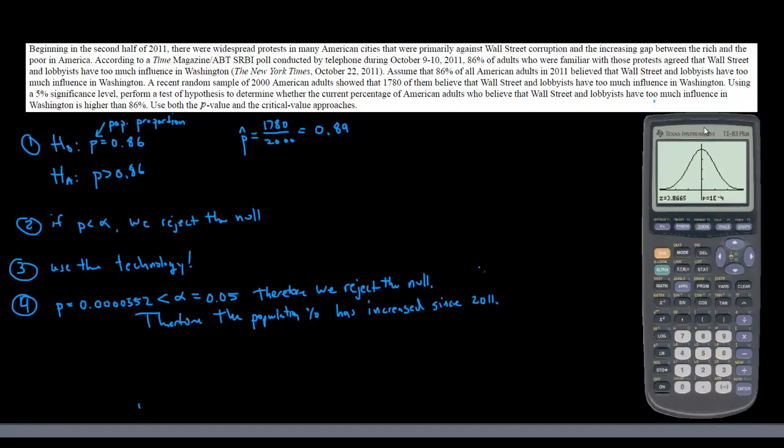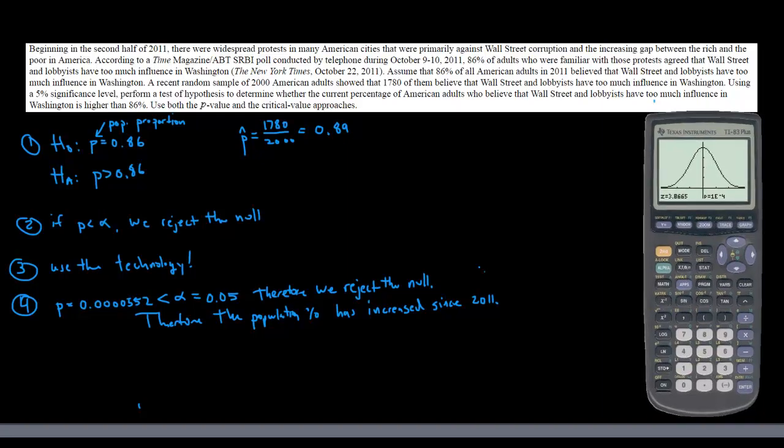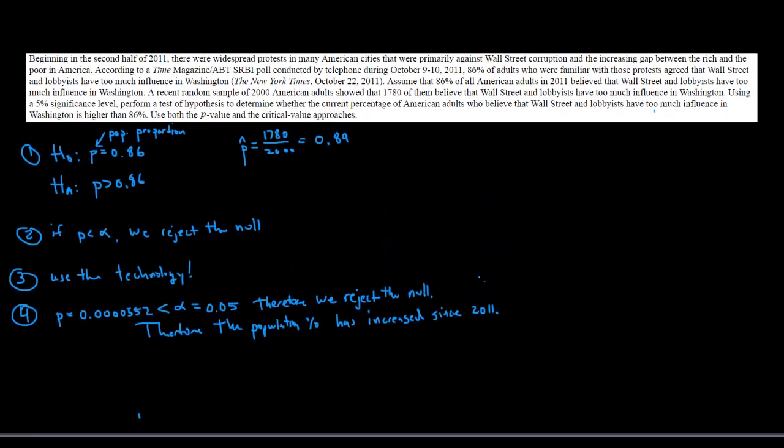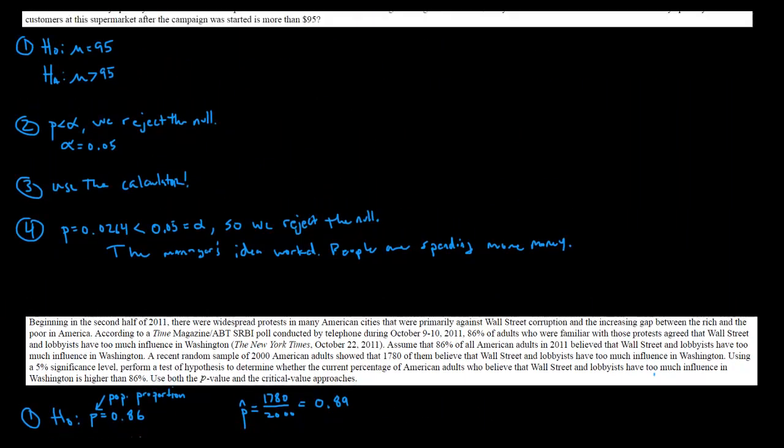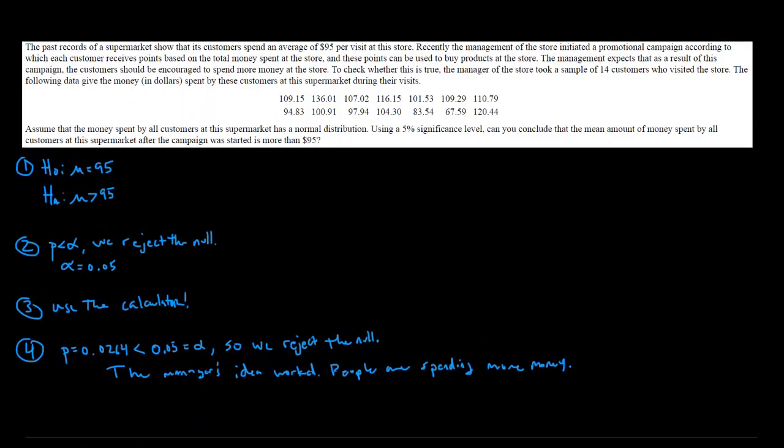So anyway, I hope this has been helpful, guys. Again, just to recap, we looked at proportions. Remember, you use a 1 prop Z test in your calculator to do proportions, at least for our class. For the next example, we have raw data, so we use the t-test, and we actually had to enter the raw data into a list.